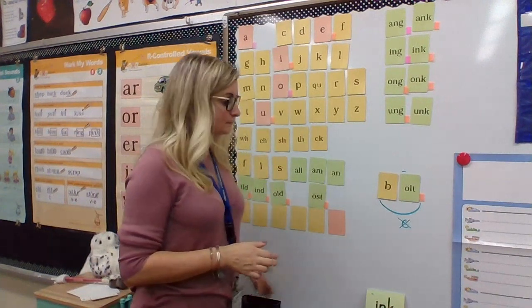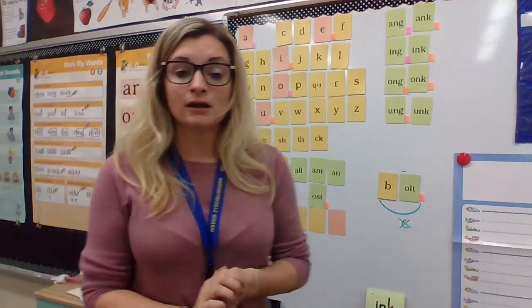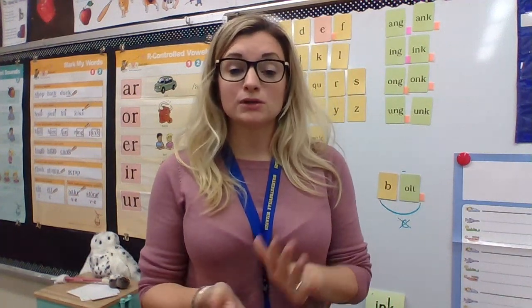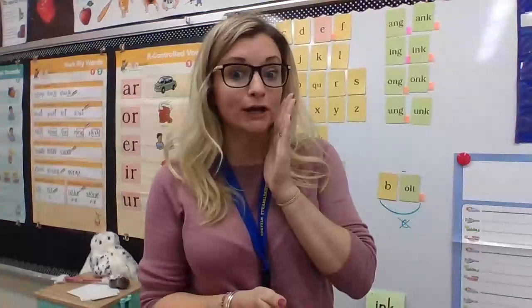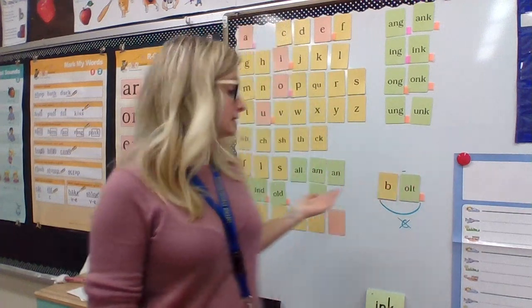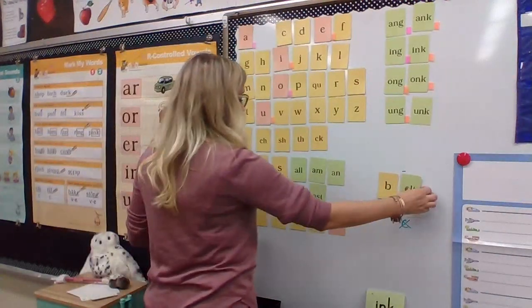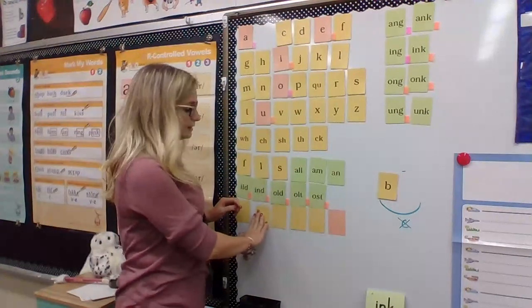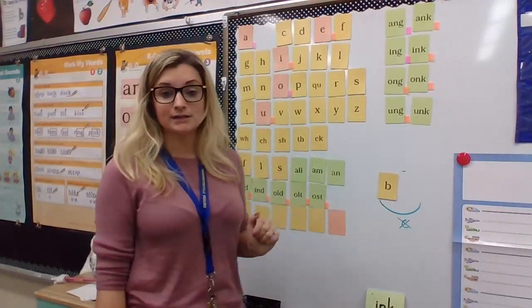All right, boys and girls. So again, just a reminder, we did learn today closed syllable exceptions. We learned that an exception is what we call a rule breaker, someone who breaks the rules. And these closed syllable exceptions break that short vowel rule. Instead, it makes a long vowel sound.